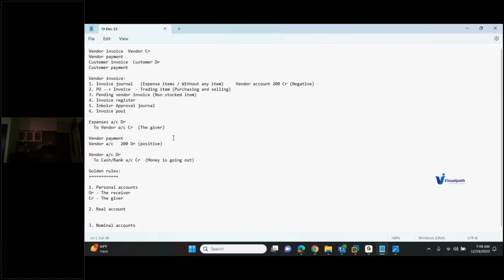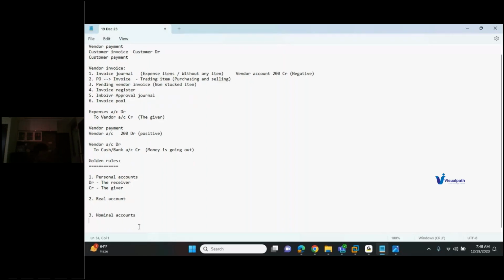Okay. Next, what is the nominal account? Debit all expenses and losses, credit all income, all incomes or gains, profit. Right?